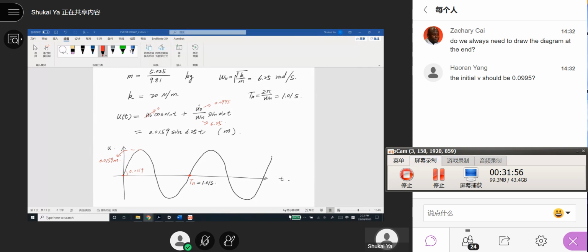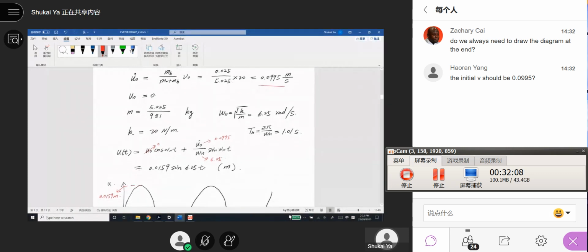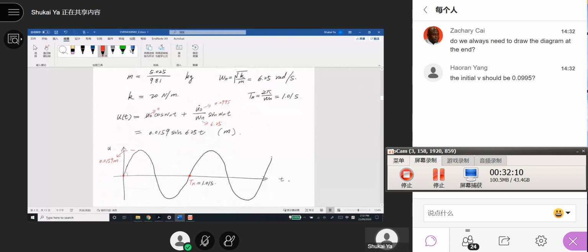The initial velocity should be 0. Oh yeah, sorry, the initial velocity should be 0.0995. It means the initial slope is equal to 0.0995.